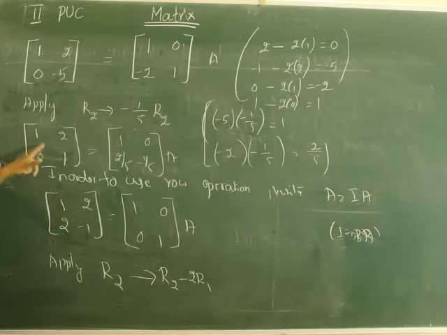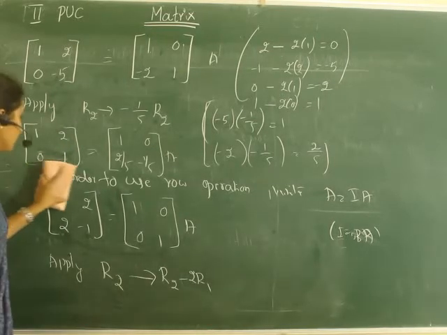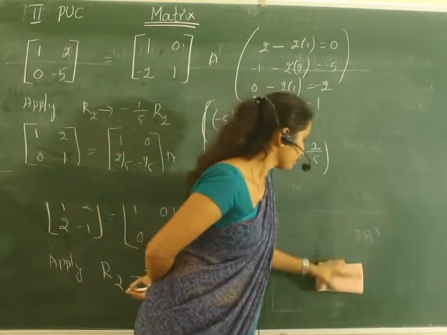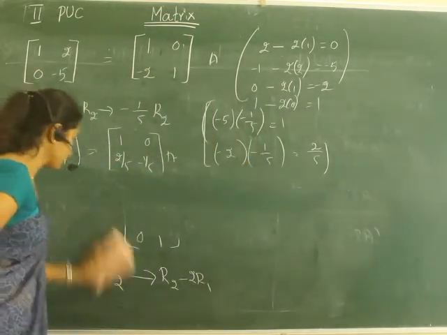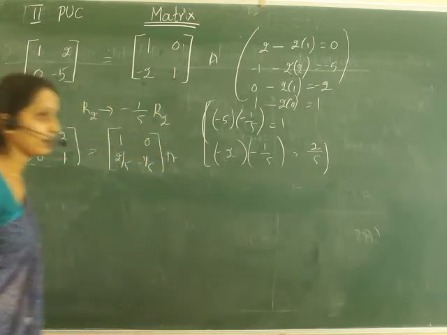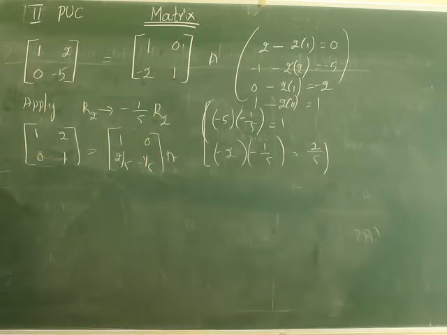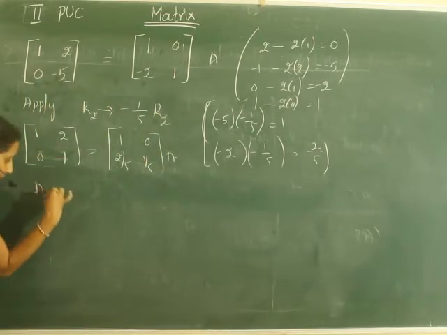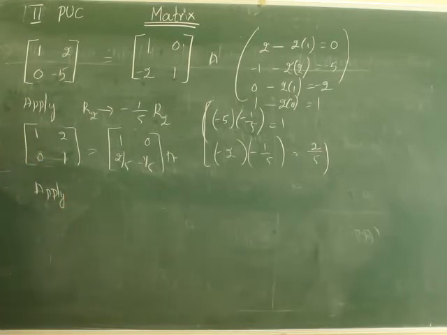Now after that I have to convert this to 0. How can I convert that to 0? To convert that to 0, I'll apply an operation.